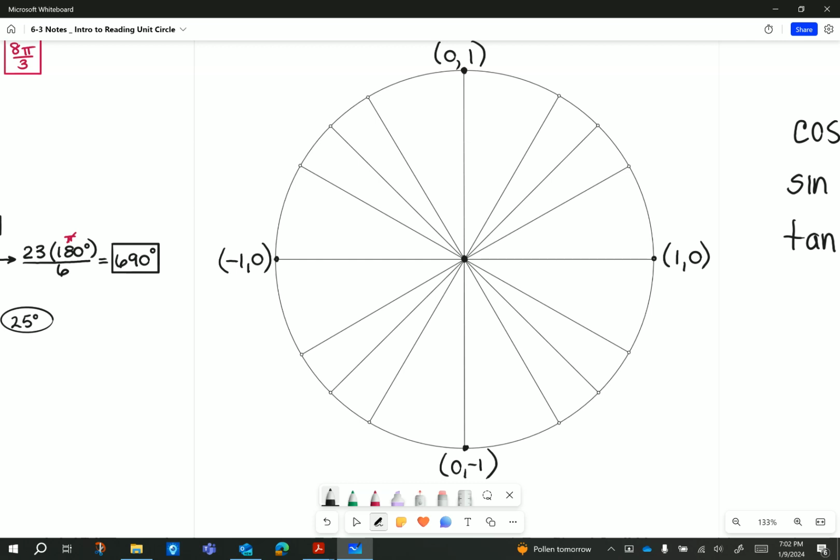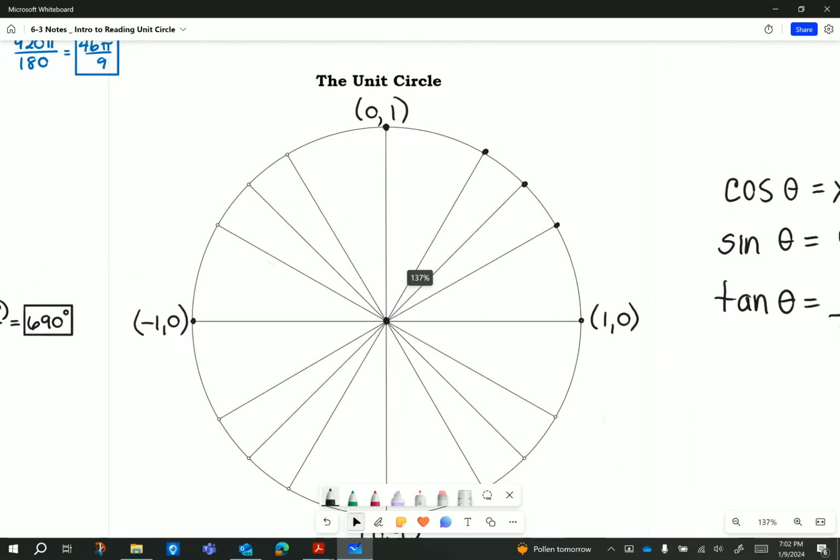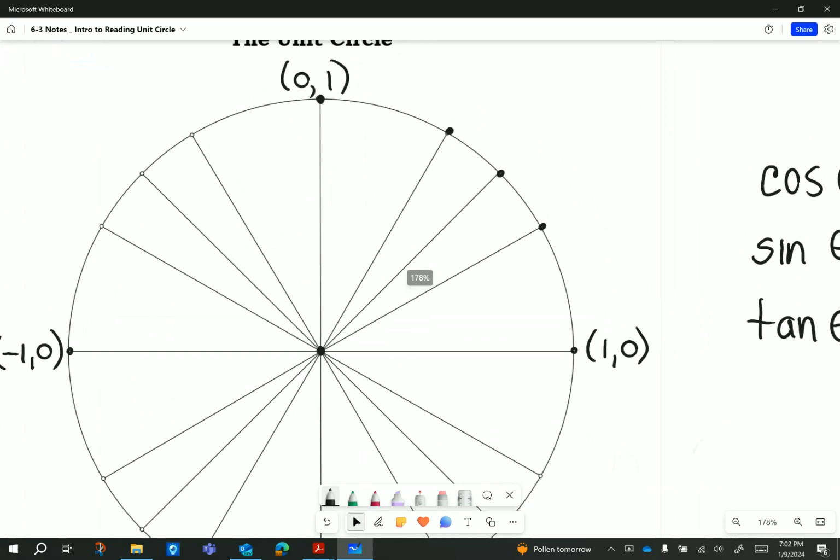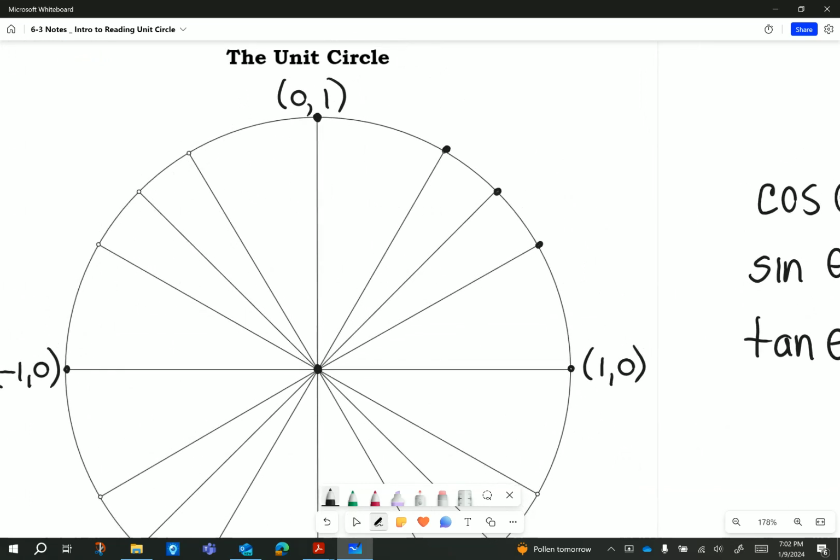So here's the little trick that I want you to understand, and how you can just do these rather quickly. So we're going to try and get these 3 done in the first quadrant. Now I want you to remember, in the first quadrant, my coordinates will always be positive and positive, right?